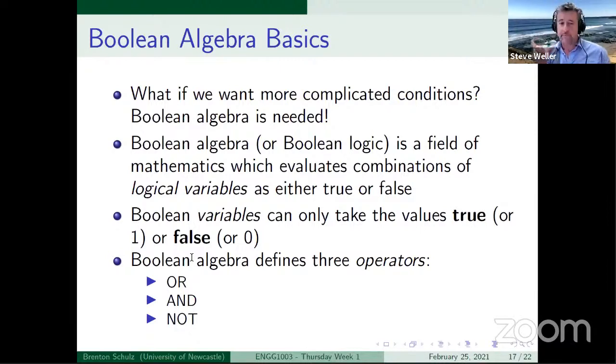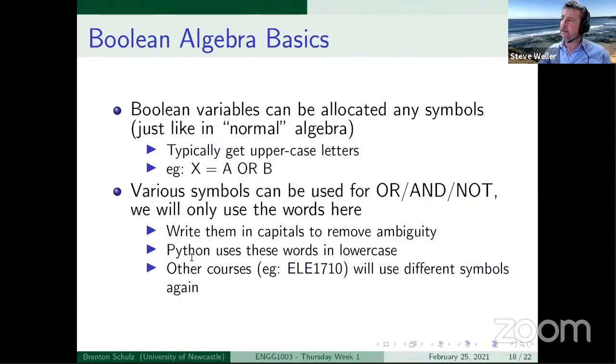Once we've got those variables, we can mix and match them and perform operations on them using three operators: and, or, and not. I just want to give you a flavor of them here, because ELEC1700 will use these quantities in a hardware context.